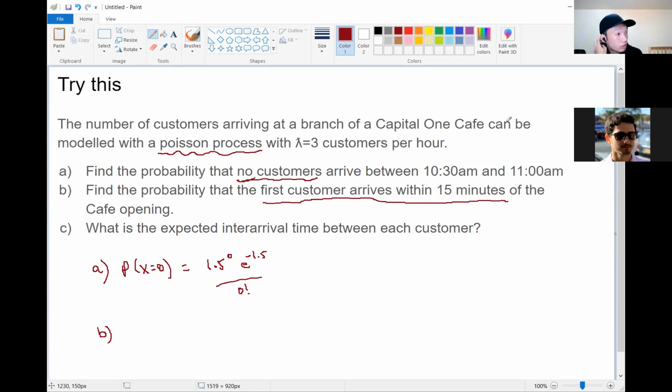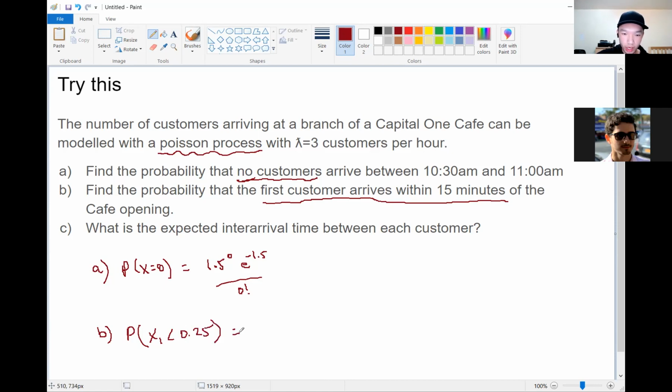Hopefully you can see that that's exponential. This is inter-arrival times. So we're finding the probability that X1, let's say X1 is the first inter-arrival time, is less than 15 minutes. If we want to write it in terms of hours, that's 0.25.